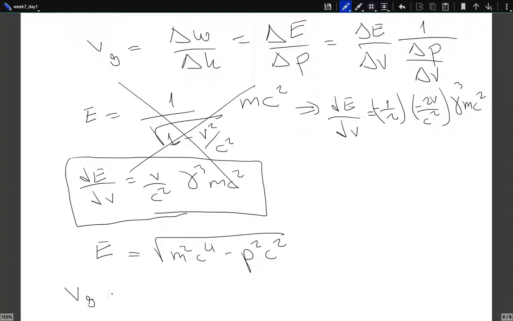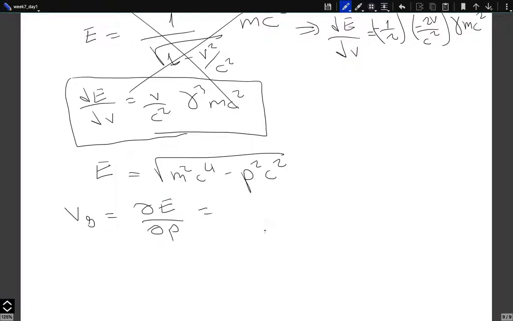The group velocity is the derivative of energy with respect to momentum, which is equal to minus 2p c squared divided by the square root of m squared c to the 4 minus p squared c squared.